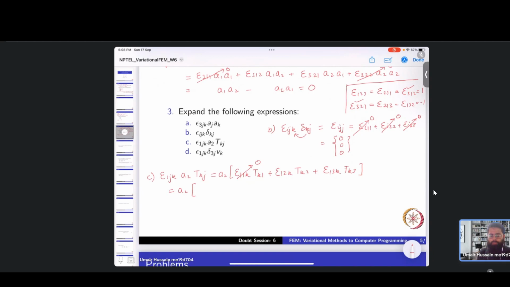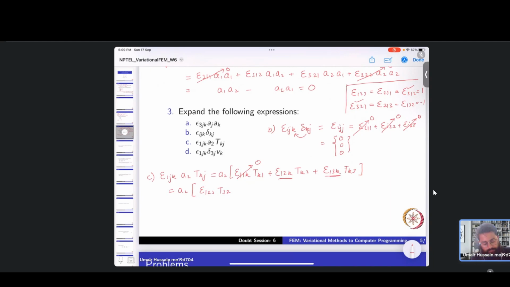If k equals 2, this term again goes to 0. Only k equals 3 would give us a non-zero value. So we can simply write it as epsilon 1 2 3 t32.